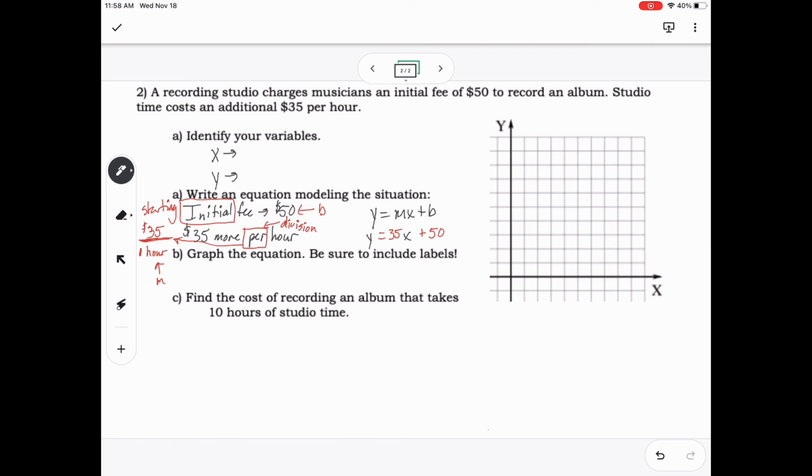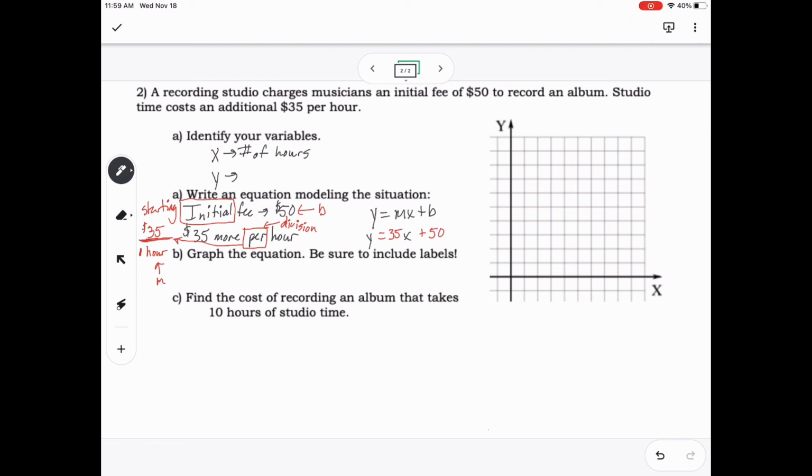Well, I need to know how long I've been in there, right? I don't know how much time I've spent. So X is actually telling you the number of hours that you've been in that room, okay? Because if you spent 5 hours recording an album one day, then that means 5 times 35 plus the 50 is what you're going to get. Now, that's like the end game, right?